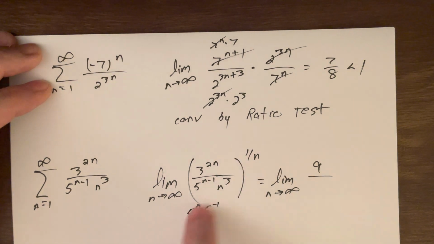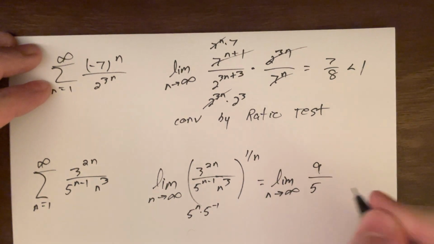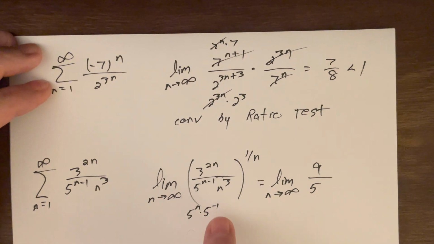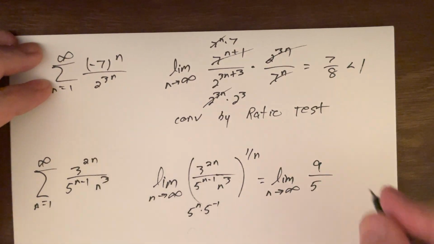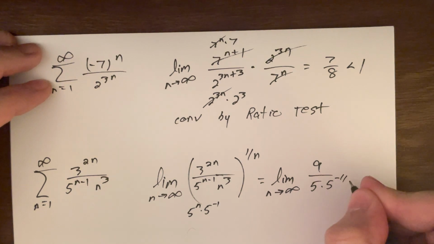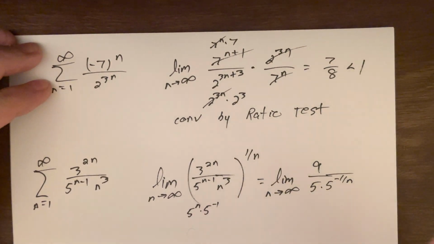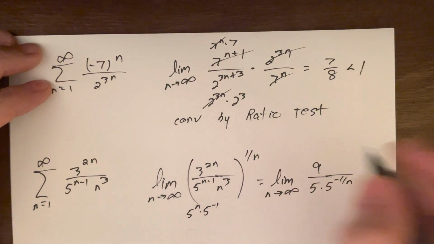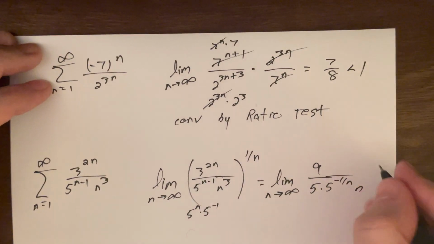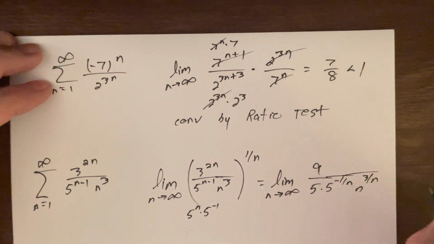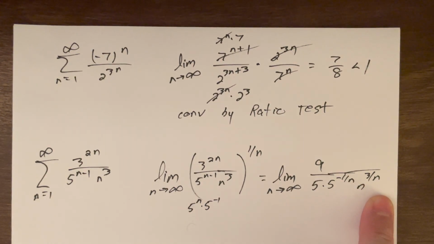This first piece works like a charm: 5 to the n to the 1 over n gives me a 5. But this piece becomes times 5 to the negative 1 over n power. And then this last piece, the worst piece, n cubed to the 1 over n becomes n to the 3 over n power.